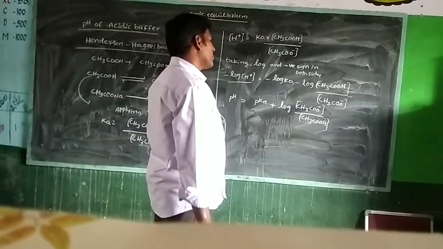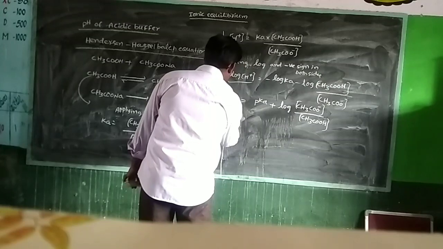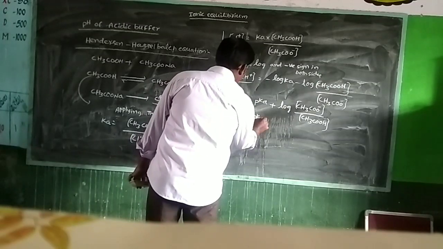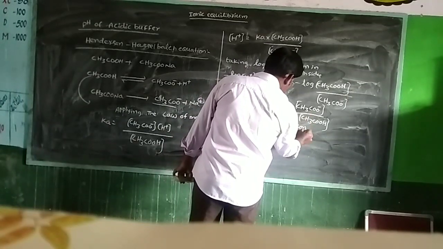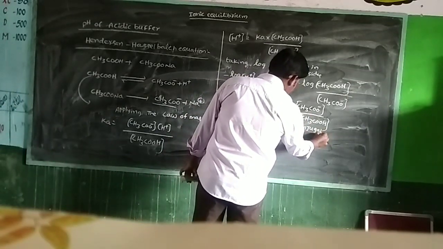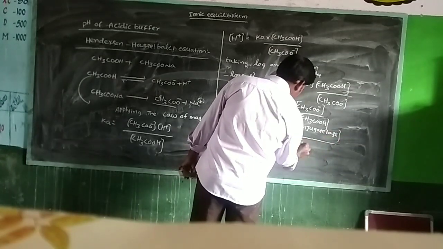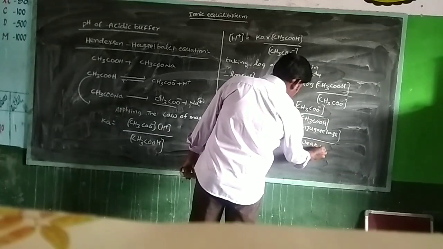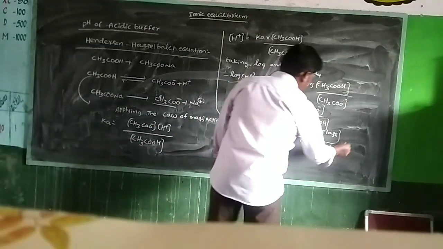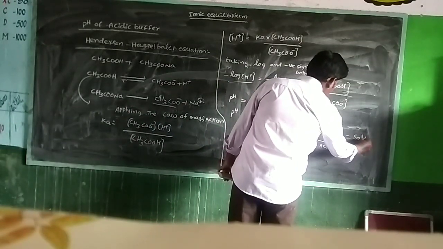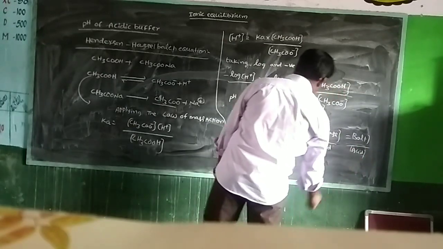In CH3COO minus means what? Conjugate base. pH is equal to pKa plus log conjugate base upon weak acid. Conjugate base means salt. You can write the conjugate base is equal to salt, and weak acid is equal to acid concentration.